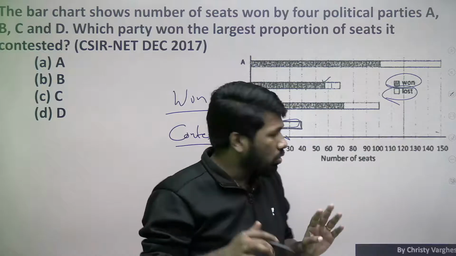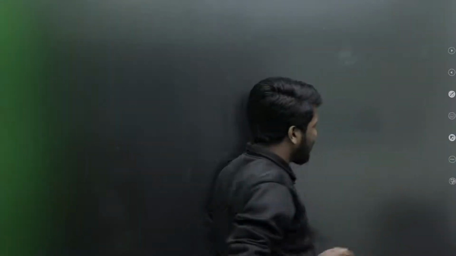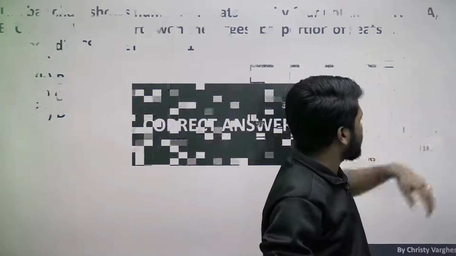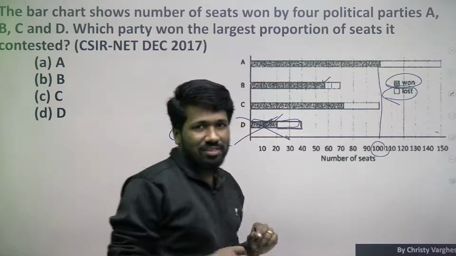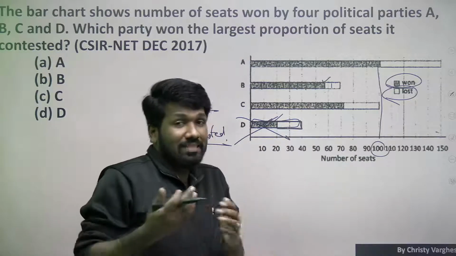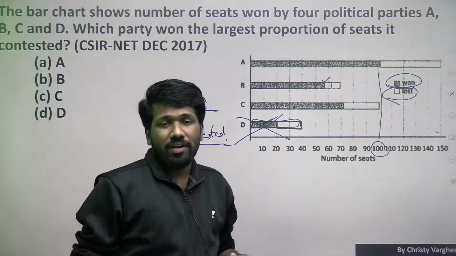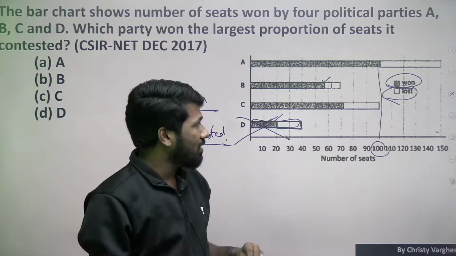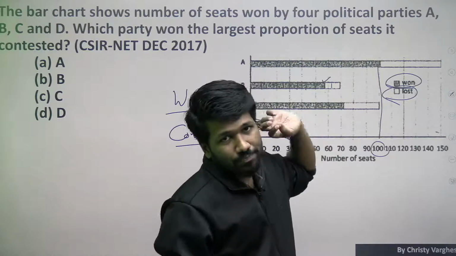And if you have doubt, that is where you can use the values: 100 by 150 is just 2 by 3, and 2 by 3 is 66.66%. If you know Vedic math, you can find the percentage exactly just by looking, knowing that 2/3 of a number is 66.66%. But that is not necessary if the picture itself is clear.